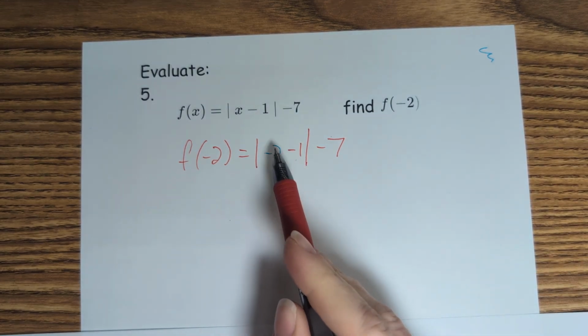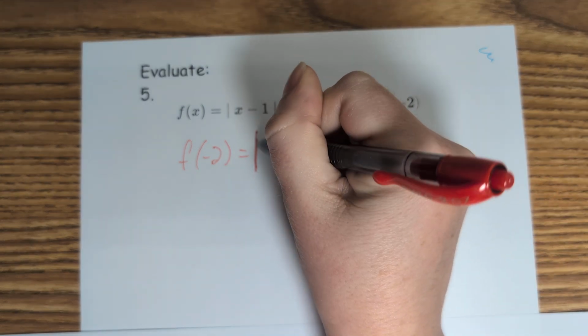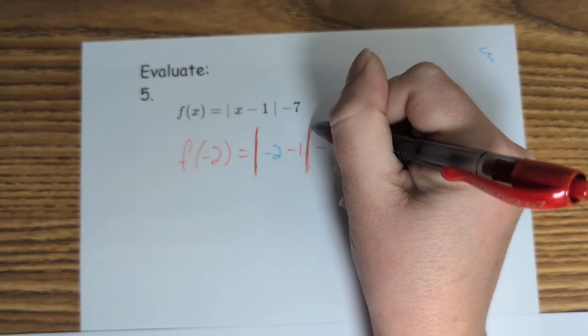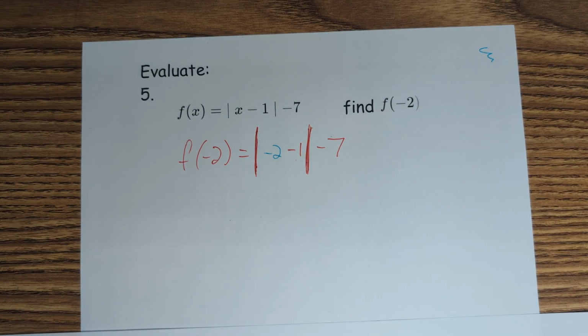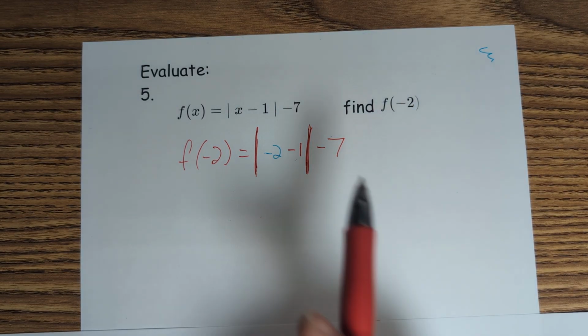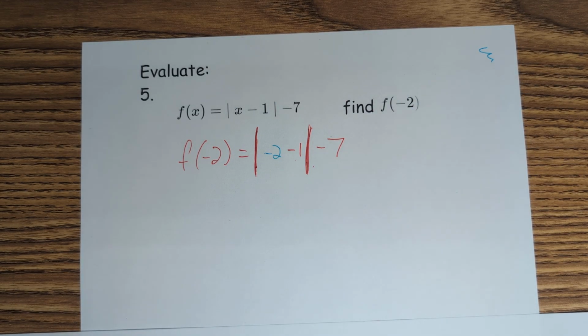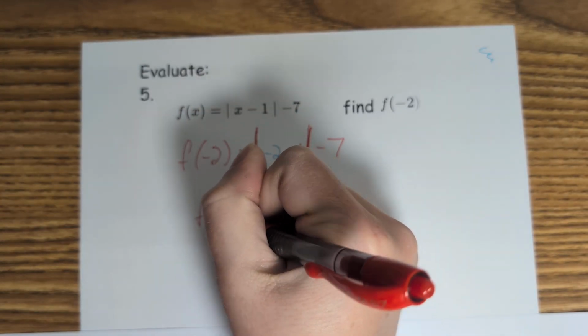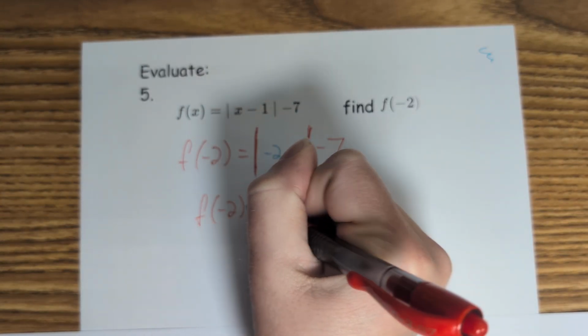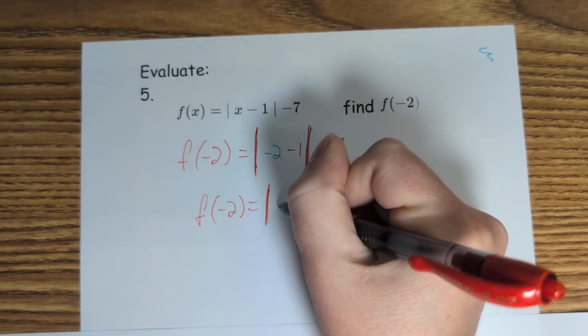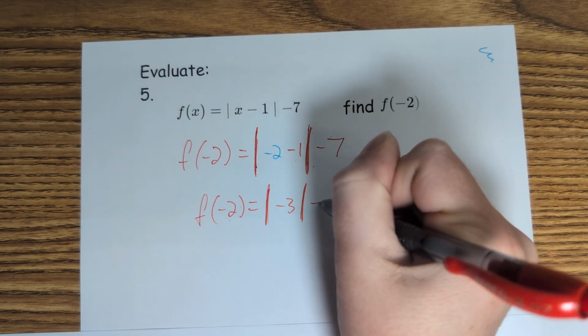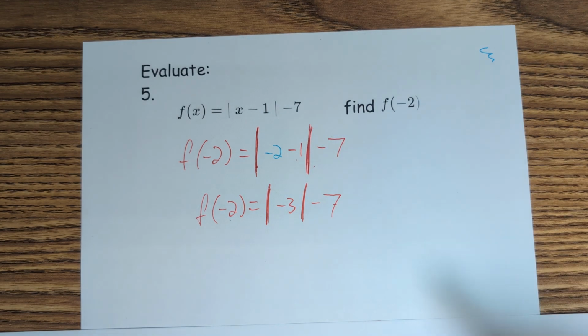Okay, I'm going to start by doing the stuff inside of these absolute value symbols. Sometimes students think they're 1s. These are not 1s. Hopefully it's very obvious. So f of -2 equals absolute value of -3 minus 7.